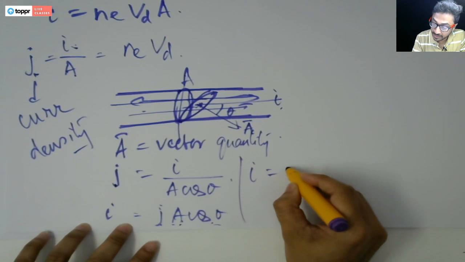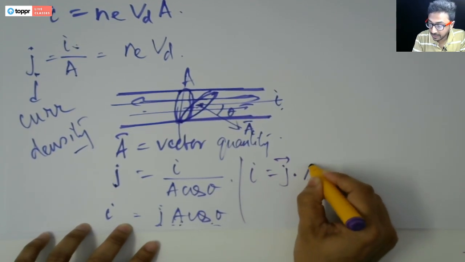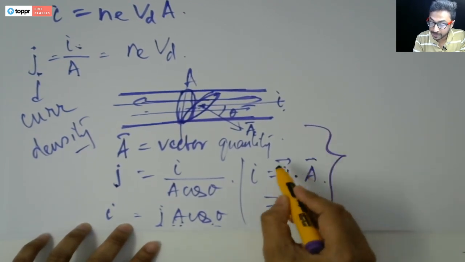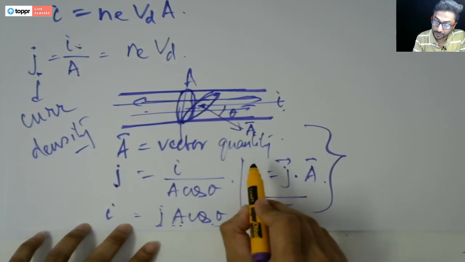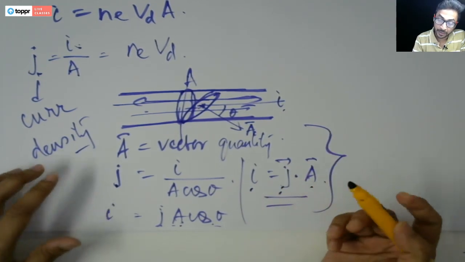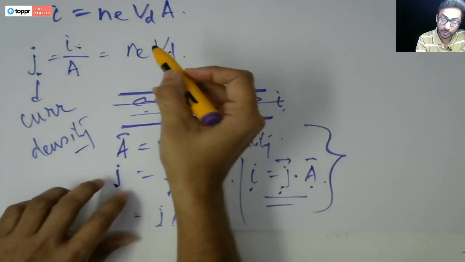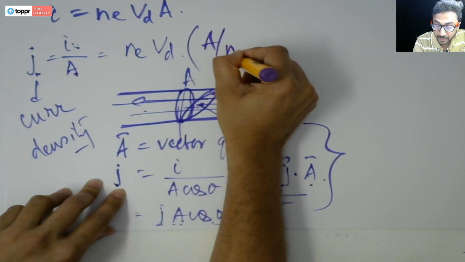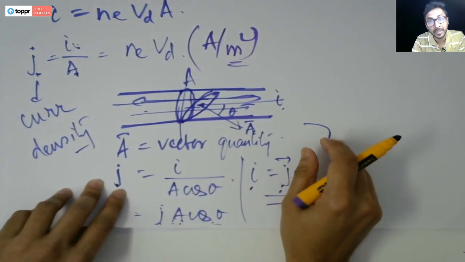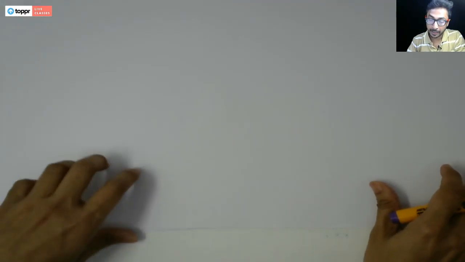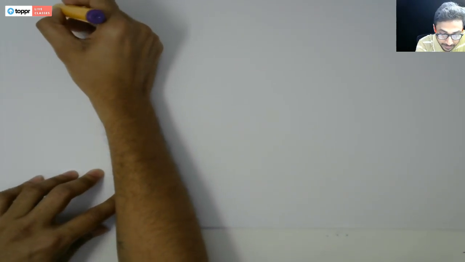So I can be written as J dot A. This is another relationship, where current is a dot product of the current density and the area. The unit of current density, I by A, will be ampere per meter square.